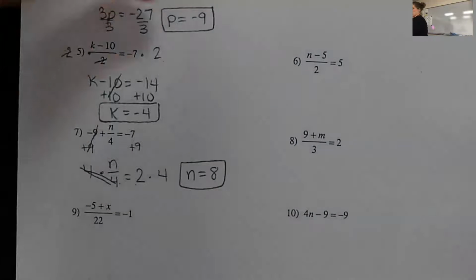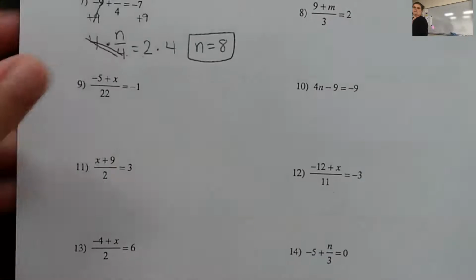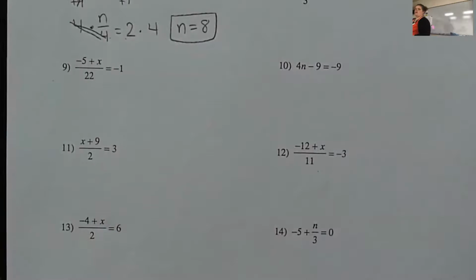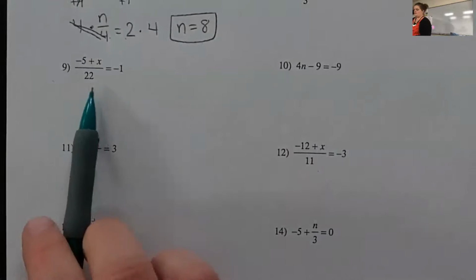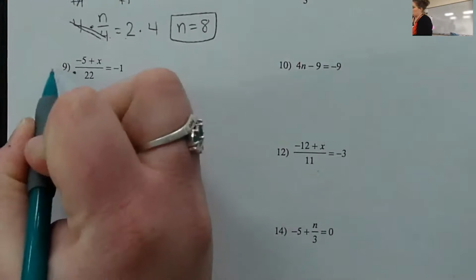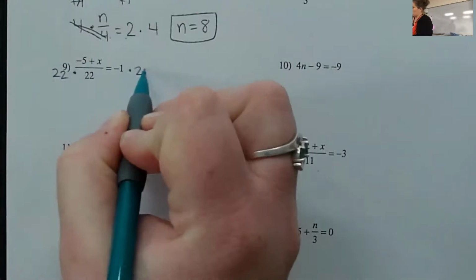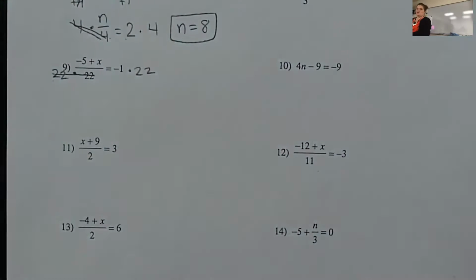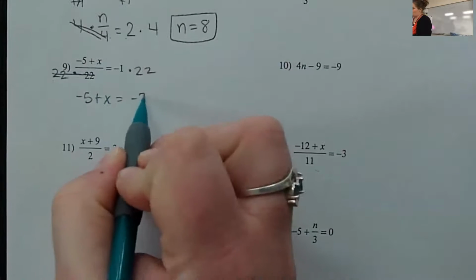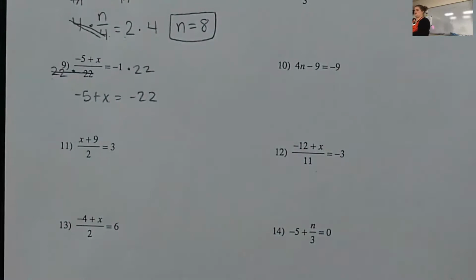Okay, keep moving down the column. Number 9. Oh no, I can't cover up x again. I have to get rid of this pesky 22. That's dividing by 22. The opposite of dividing is multiplying. So multiply by 22 on both sides. Those are now gone. So I'm left with a negative 5 plus x equals negative 22. Okay, cover up x.